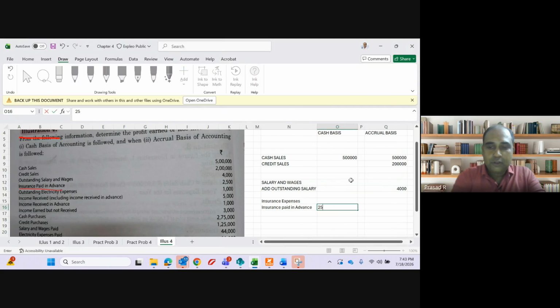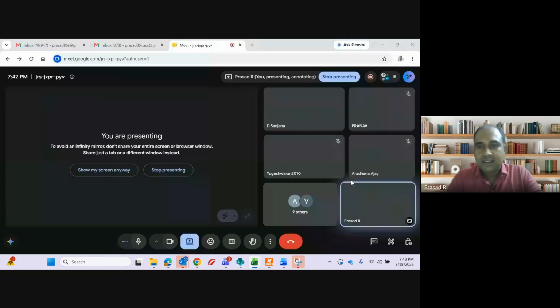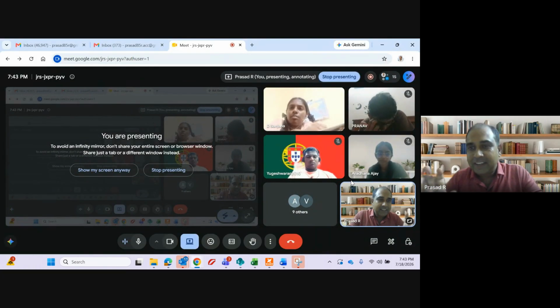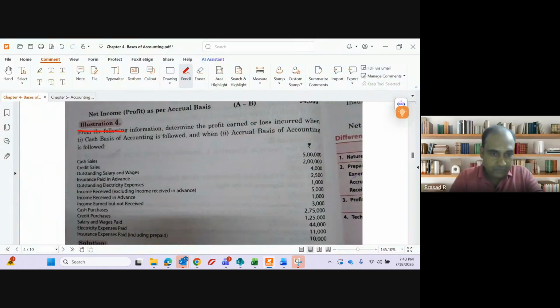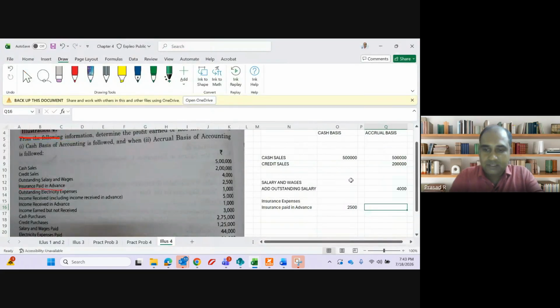What we have to do? We have to treat it as an expense. Clear? In case of accrual, what we have to do? If there is an insurance expense, we should not consider any insurance paid in advance. Clear? So we will reduce minus 2,500.